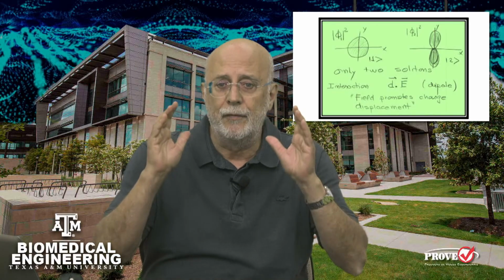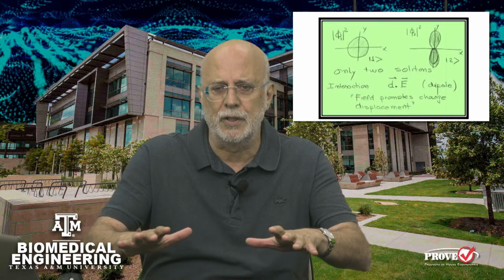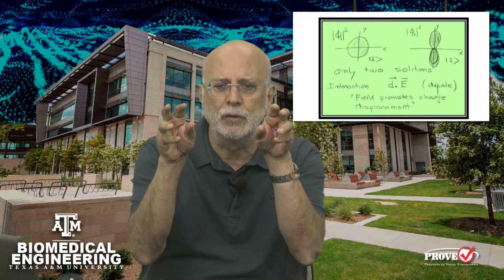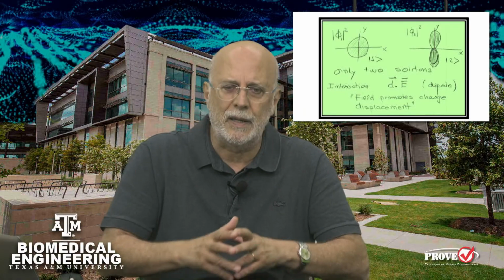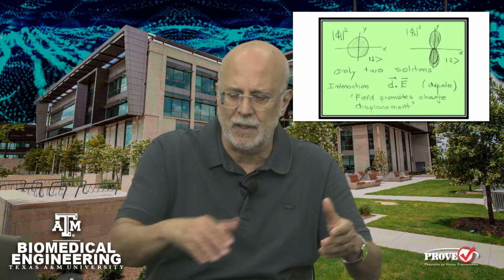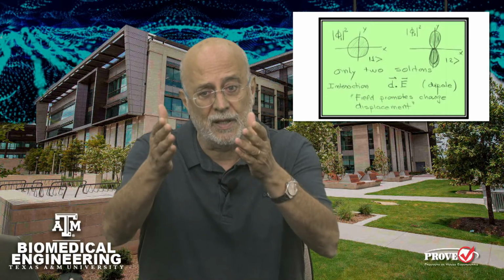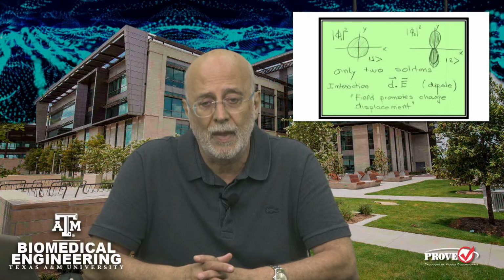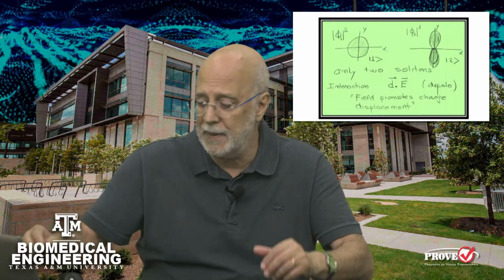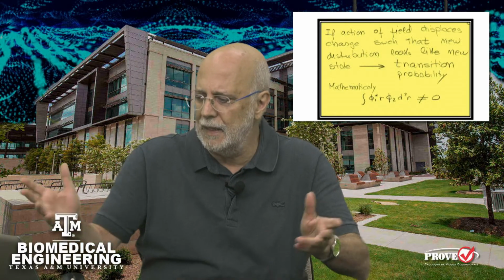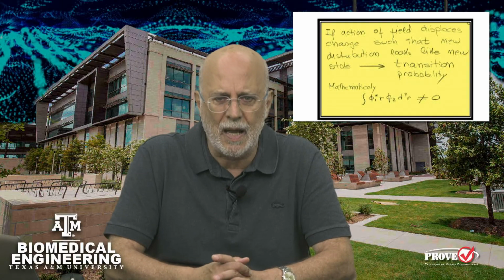But if we assume that all the solutions in the world have to be composed of these two states, we can go back to the original master equation and add now the interaction with light, which is a dipole type, because there will be charge displacement. And we can solve the problem.